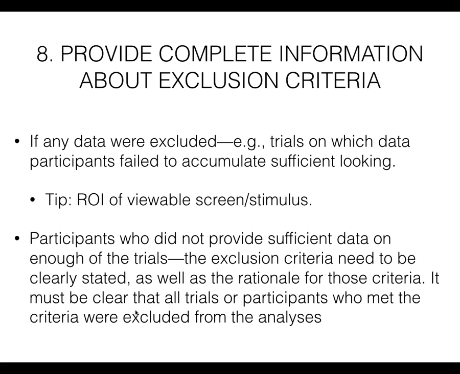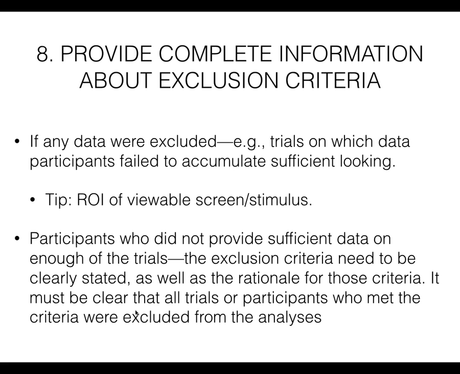Finally, when you're talking about inclusion or exclusion criteria, make sure you talk about that in your results. Were trials excluded when participants failed to look at the stimulus? This is something not many studies will actually report. They'll exclude participants because of fussiness, but they never define why.